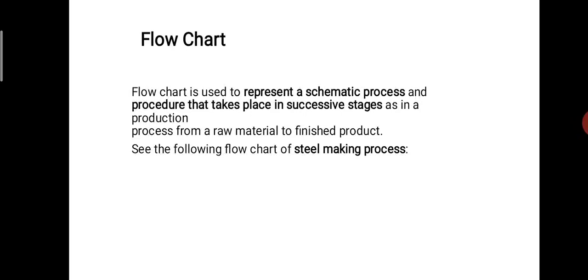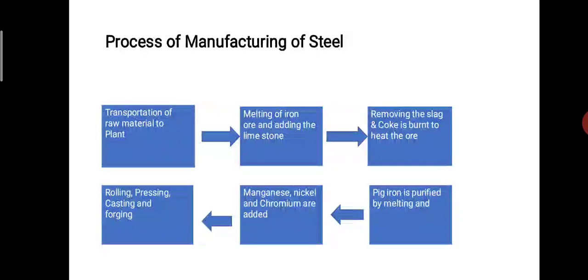In this particular process of manufacturing steel, how is the information presented? There are boxes and arrows, and in each box the information is written very precisely.